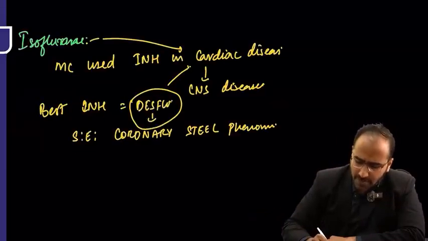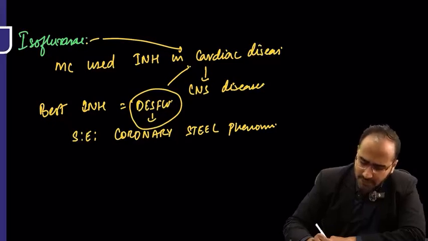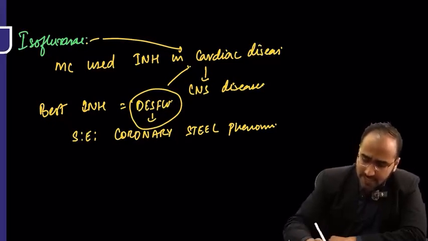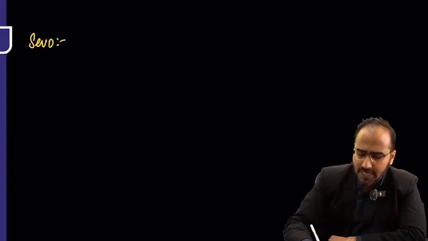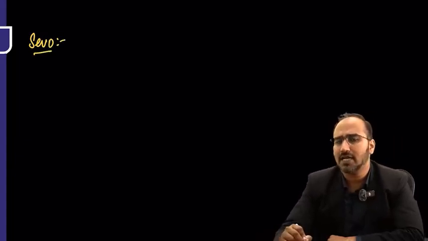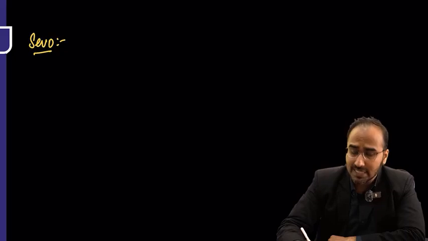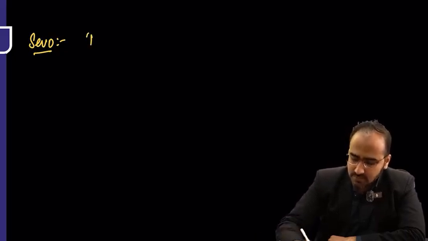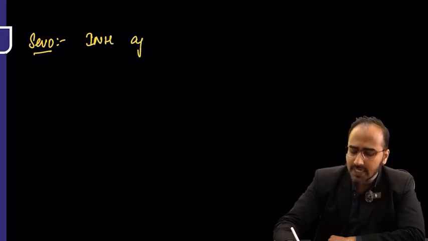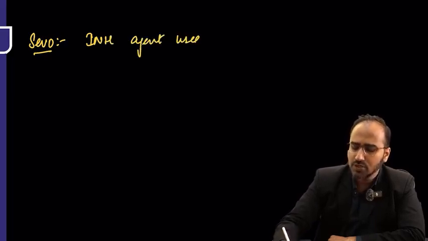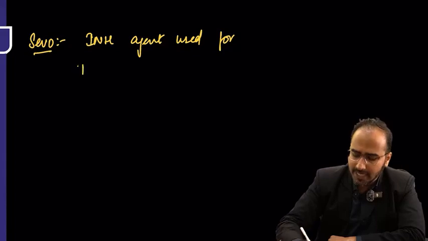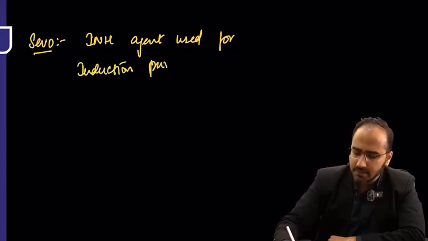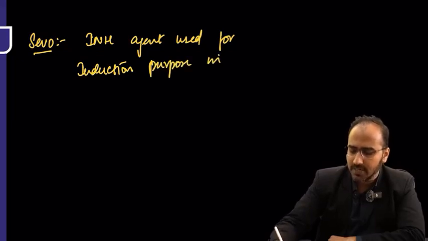That's regarding isoflurane. Now, apart from isoflurane, what else do we need to remember? The next inhalational agent is sevoflurane. Sevoflurane summary: sevoflurane is the inhalational agent used for induction purposes in children.